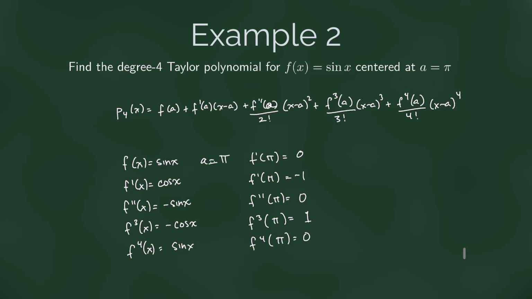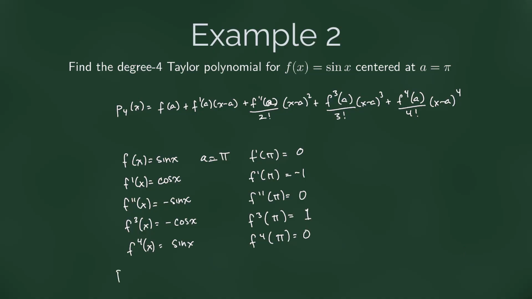So our polynomial p sub 4 of x is going to be f of a is 0. Then f prime, we get negative 1 times x minus pi. And then plus 0 for the second derivative. Then the third derivative is plus 1 over 3 factorial. 3 factorial is 6.